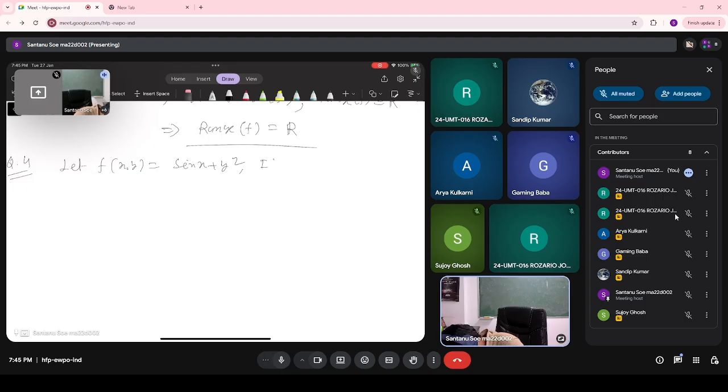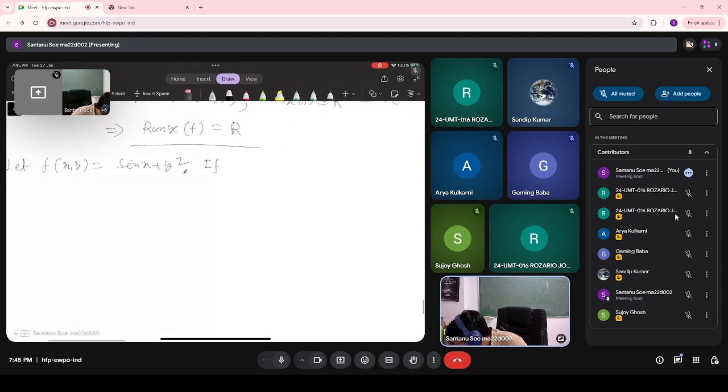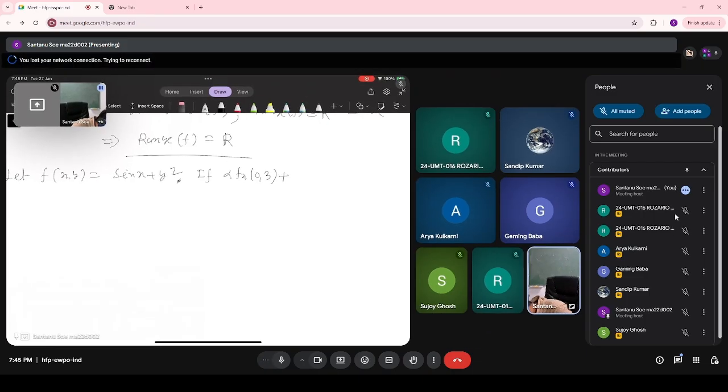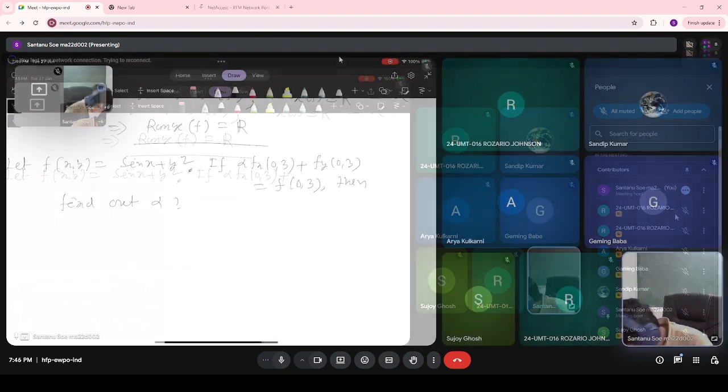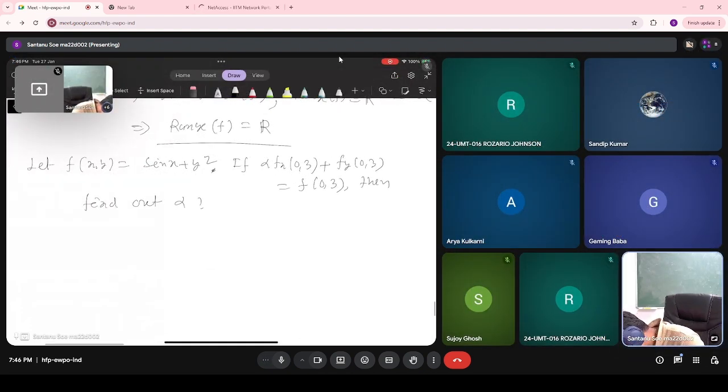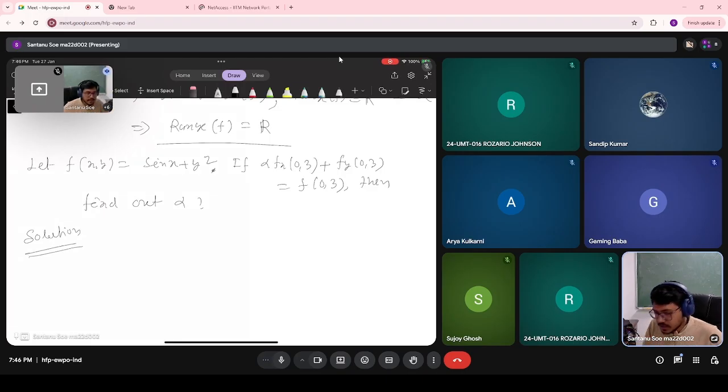Then if alpha times fx of 0 comma 3 plus fy of 0 comma 3 equals f of 0 comma 3, then find out alpha. So anyone, any guess?